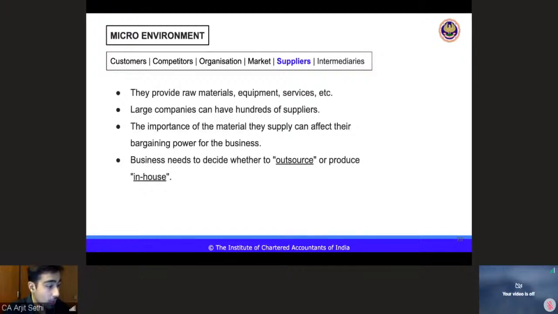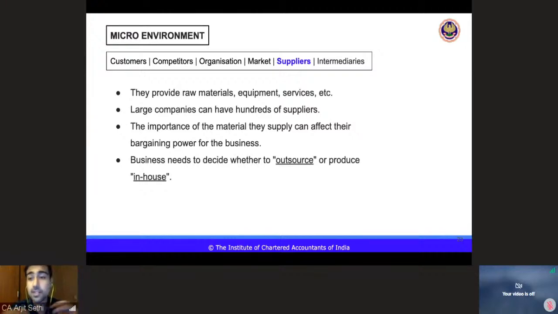And are all the people who are affecting the business? Everyone is affecting the business. If you see, each and everything within and outside the organization is affecting the business, and that is why we are understanding which thing is to be placed under which component, micro or macro. Why are we doing it?